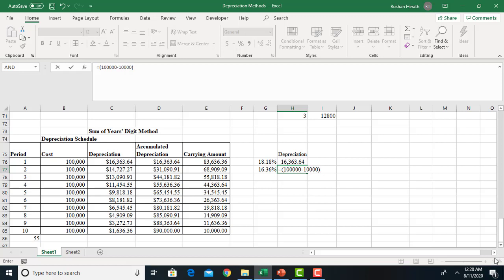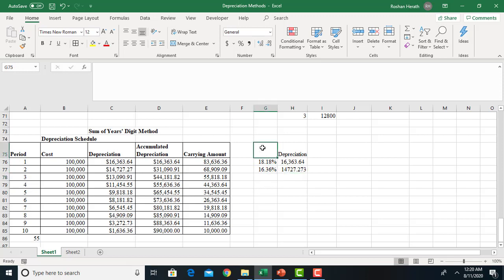So you can multiply them by the rate. So it comes as 14,727.27. So this is going to be the applicable depreciation rate.